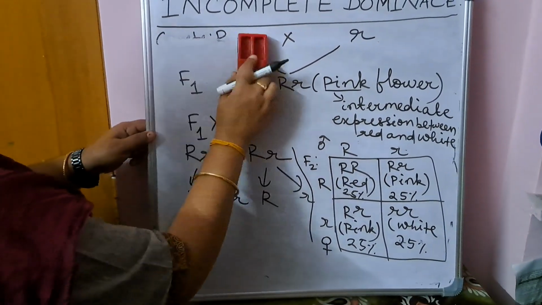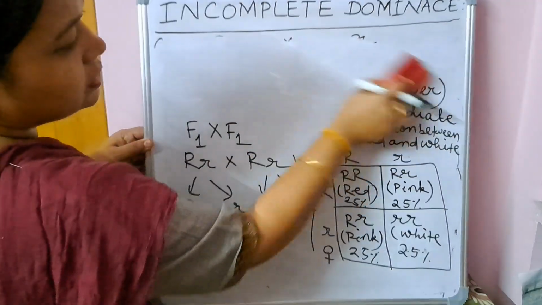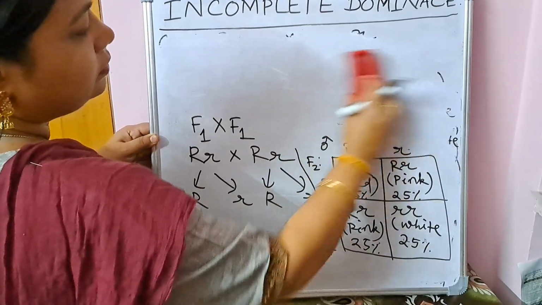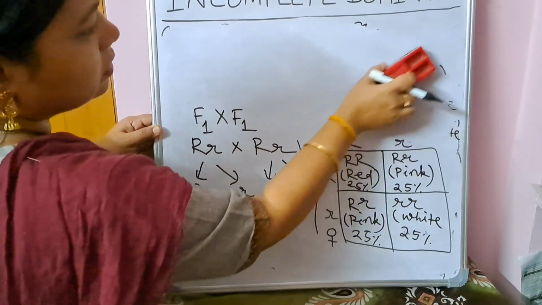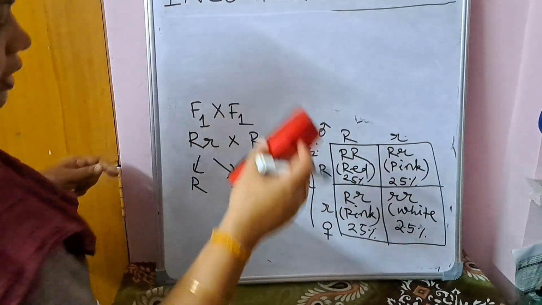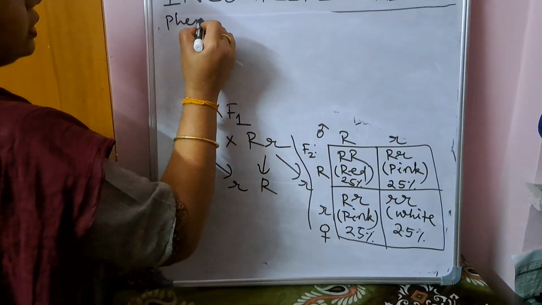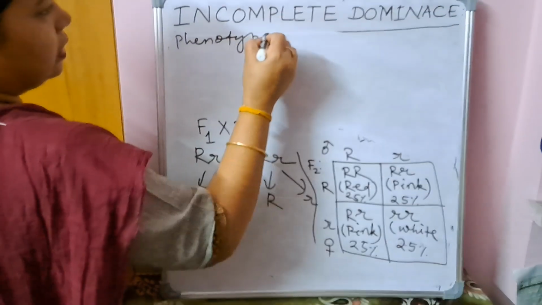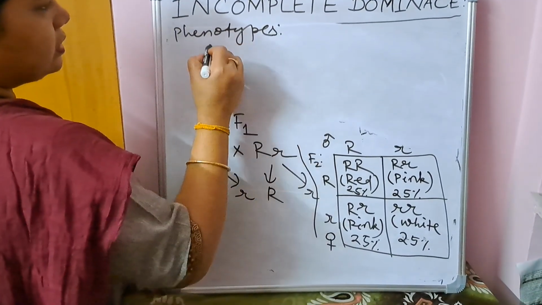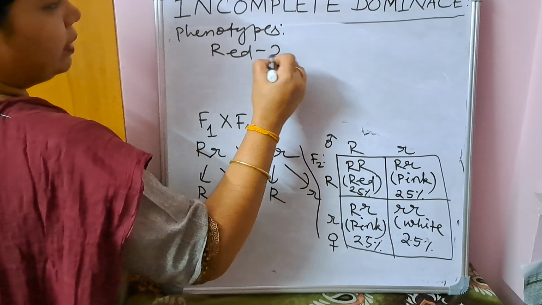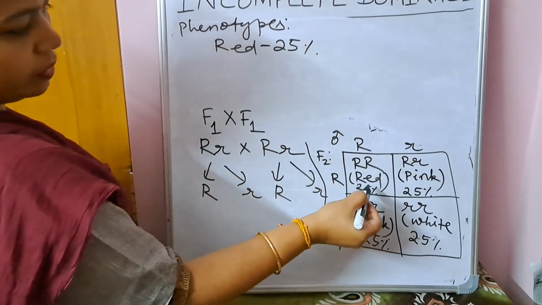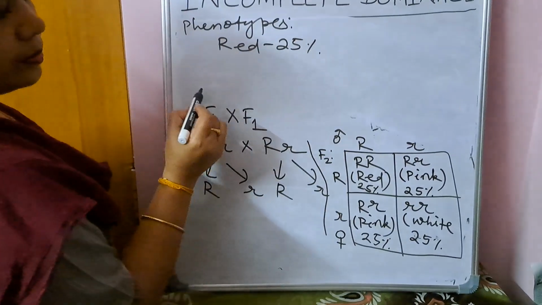Now let us see the phenotypic ratio and genotypic ratio, what it will be. Now you see here, what is the phenotype in the F2 generation? It's red, 25%. You see, in one compartment it is there in the checkerboard.